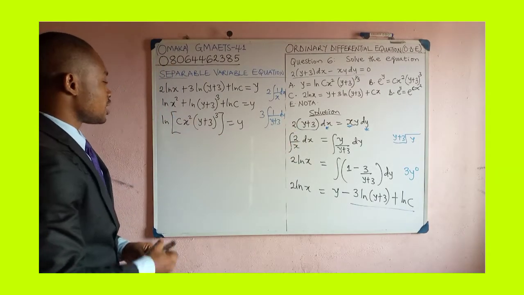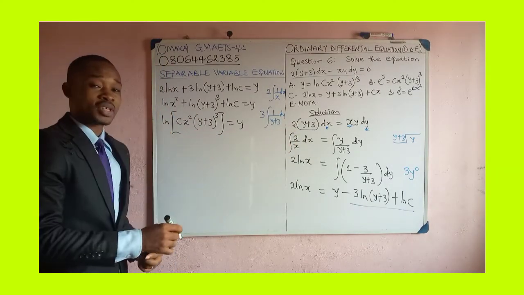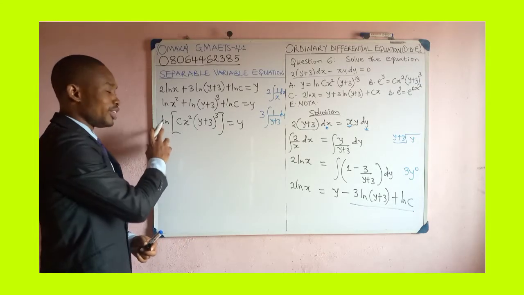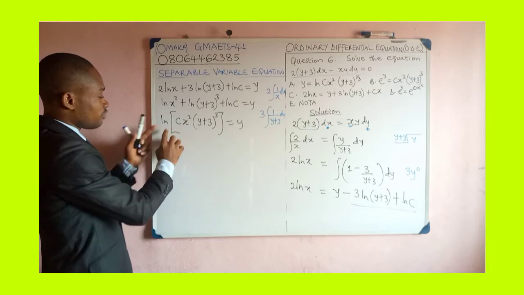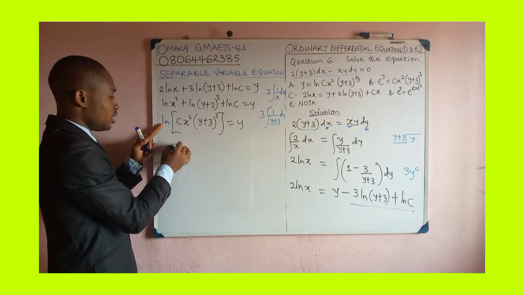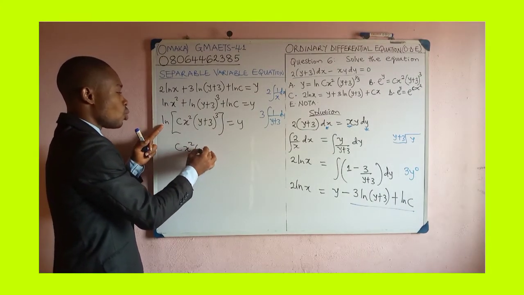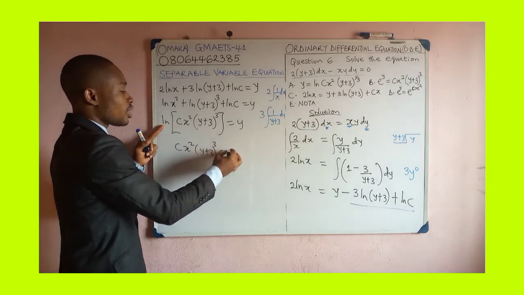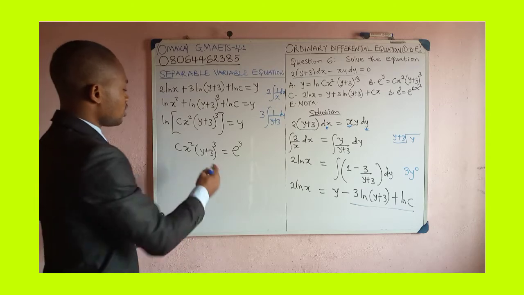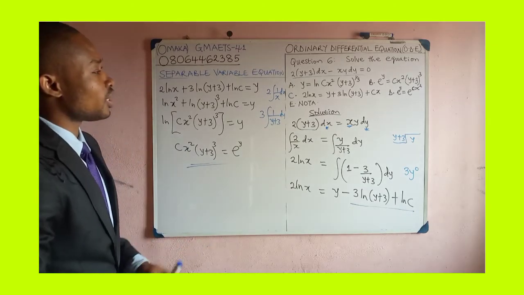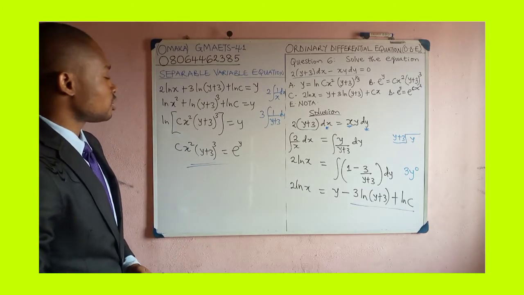There is no raised to power 1 over 3. So we're going to work on this again. Remove ln from both sides, and to remove ln from the left-hand side, you take the exponential. So the exponential of this term would remove this ln. So you have c x squared, y plus 3 all raised to power 3, equal to the exponential of this term. So this is the simplified term. Let's see if it goes with any option.